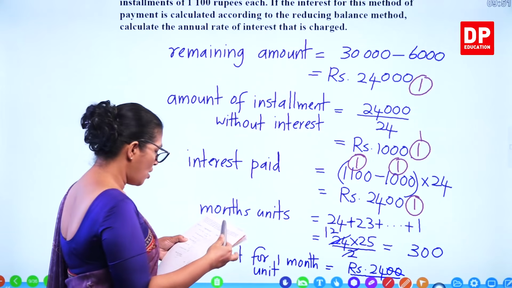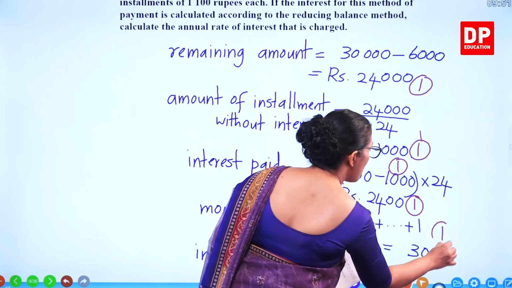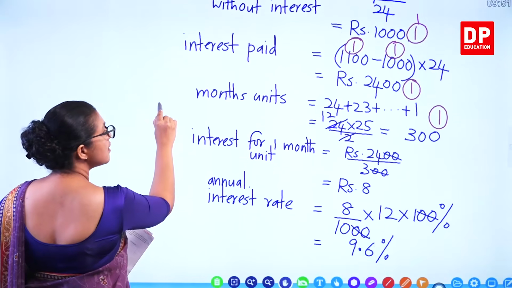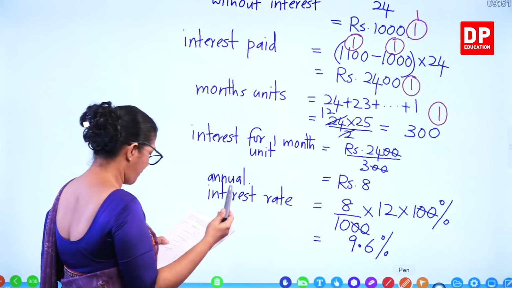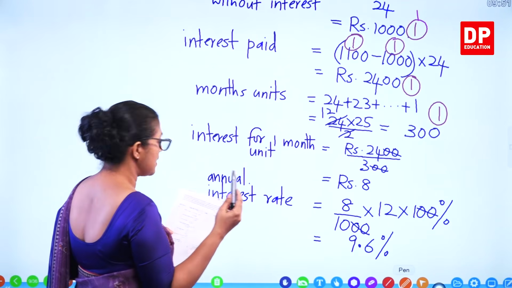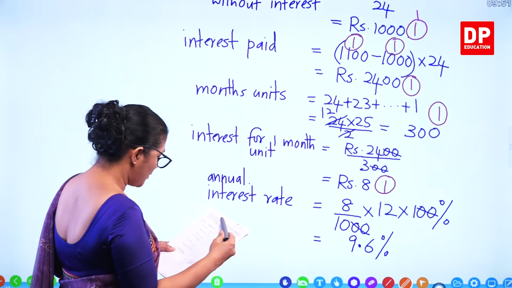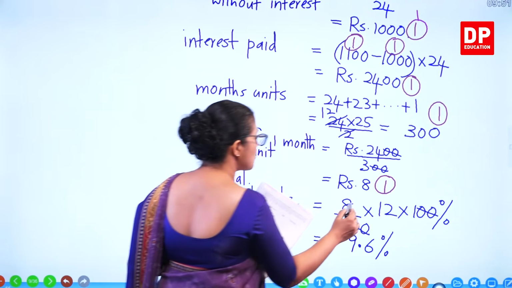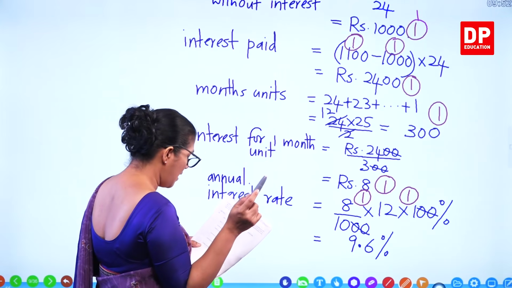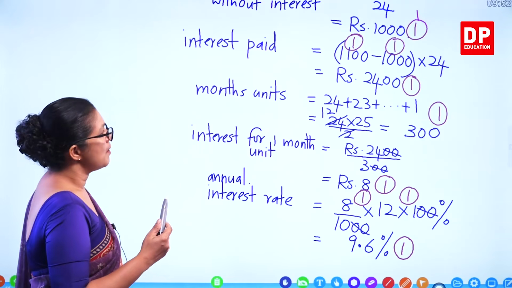So 3 marks for 2,400 and months units, 1 mark, that's 300. And then the interest for 1 month unit, that's 8 rupees, 1 mark. And annual interest rate, 8 over 1,000. So this is 2 marks. For the method, you have to multiply by 12 and 9.6%, 1 mark. So altogether, you get 10 marks for this question.